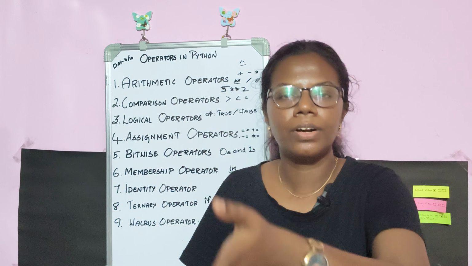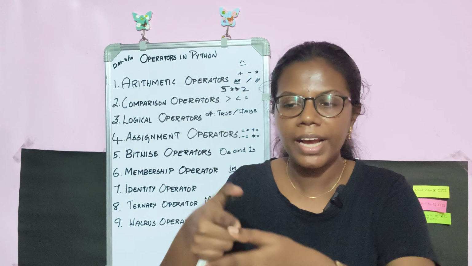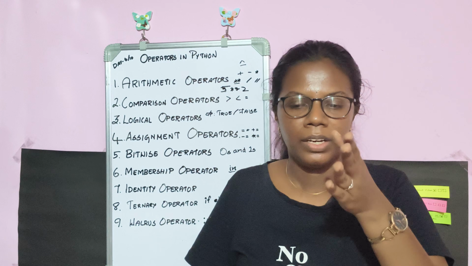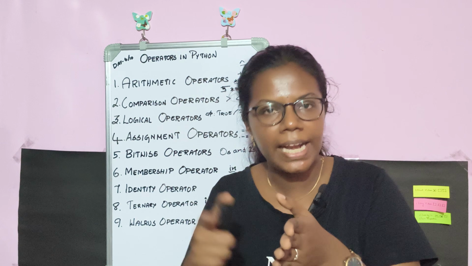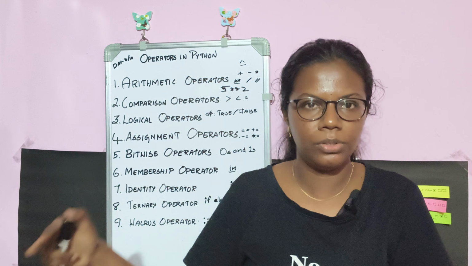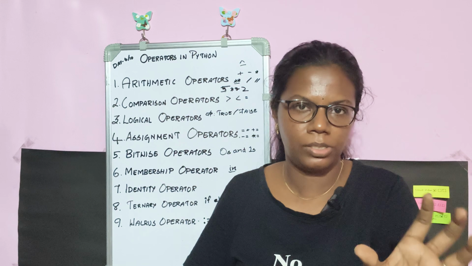When I have an age column, I can use this comparison operator, for example if age is greater than 18, and I can print the remaining values of those particular persons.